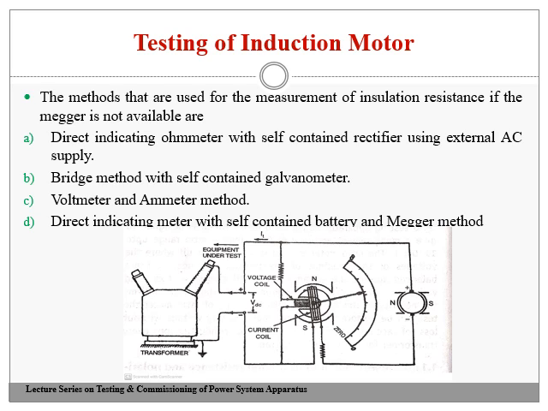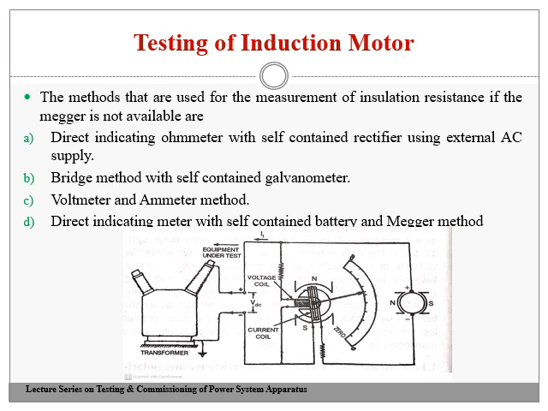When I crank it, it develops a voltage of 500 volts, due to which current flows. Since it is shorted here, it becomes the lowest resistance path, hence the current flows in this direction.